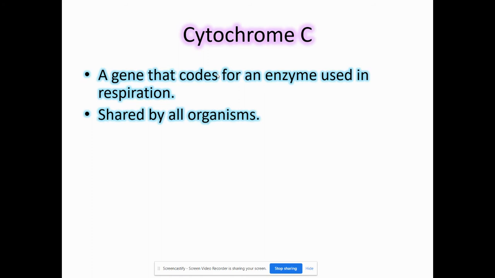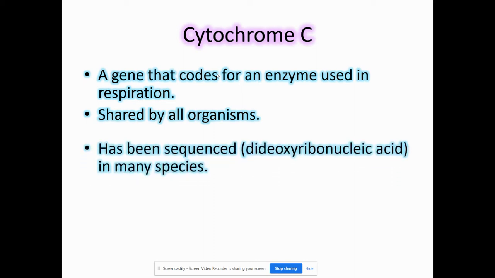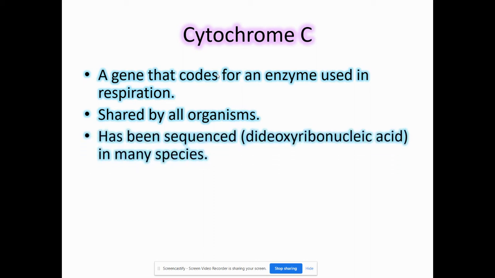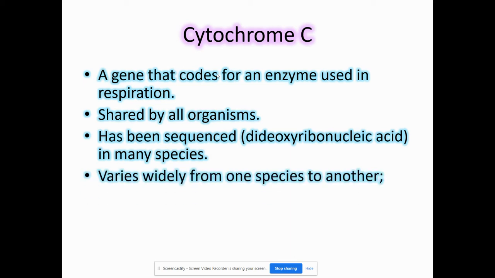So that means that this enzyme, or a version of this enzyme, is shared by all organisms. Because it's so common, it's been sequenced in a lot of different species. So we have the sequence and can compare its length and position and the actual sequence of bases. And because it varies quite a lot from one species to another, we can actually use it to group species.